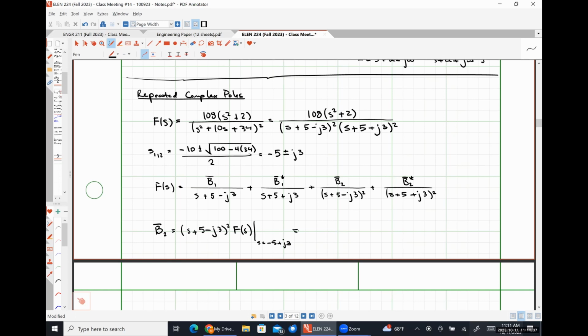And so expanding this thing out, we're going to have s plus 5 minus j3 quantity squared times 108 times s squared plus 2, all divided by s plus 5 minus j3 quantity squared times s plus 5 plus j3 quantity squared, evaluated at s is equal to -5 plus j3.